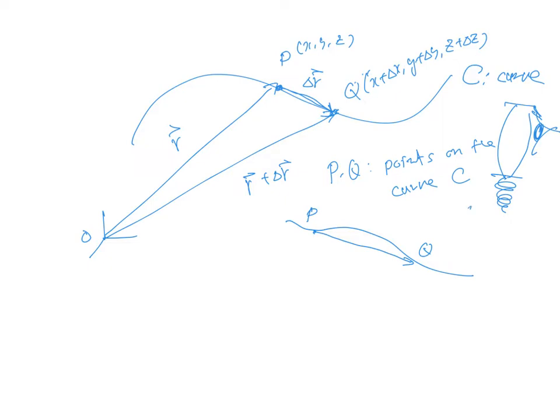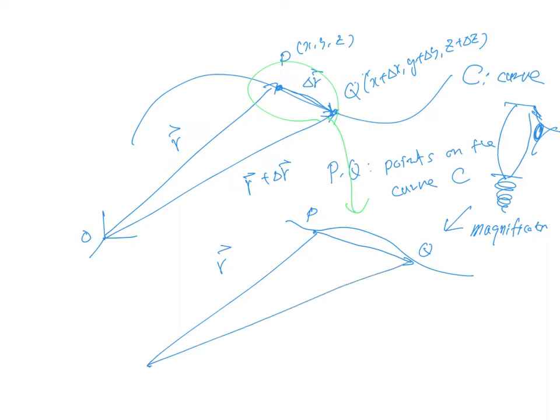This is the result of the magnification. So actually this part becomes this, and we have r plus delta r, and this is delta r, and this distance is called ds.